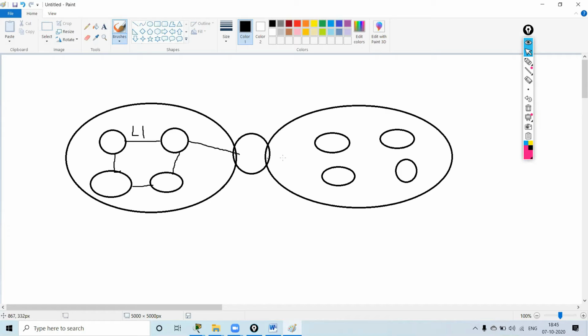When this ABR router passes the information about this area's routes, suppose this is my area 0 and this is my area 1, when area 0 routes are passed to area 1, they become summary LSA, type 3. When one area's routes are shared with another area, they are summary LSA.